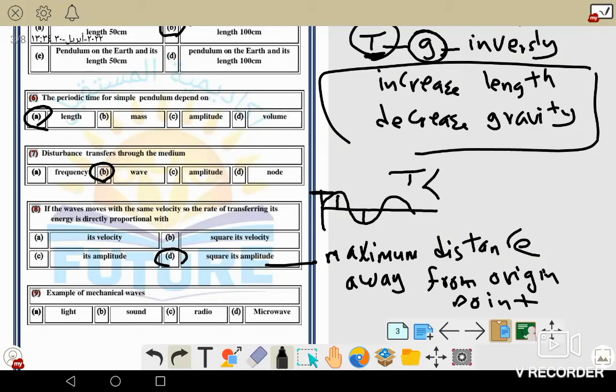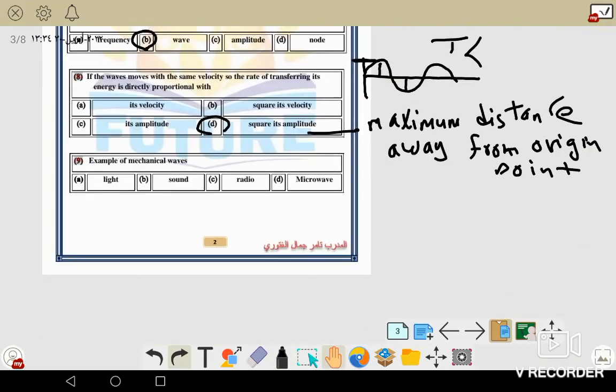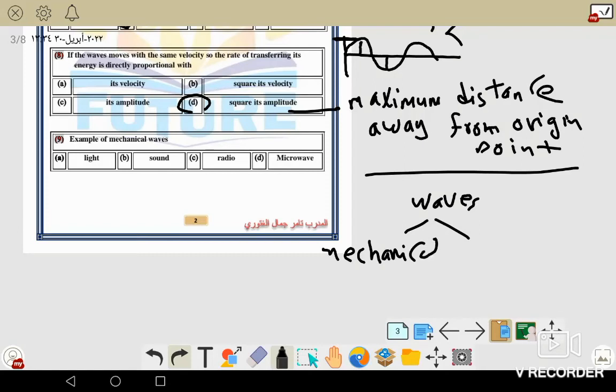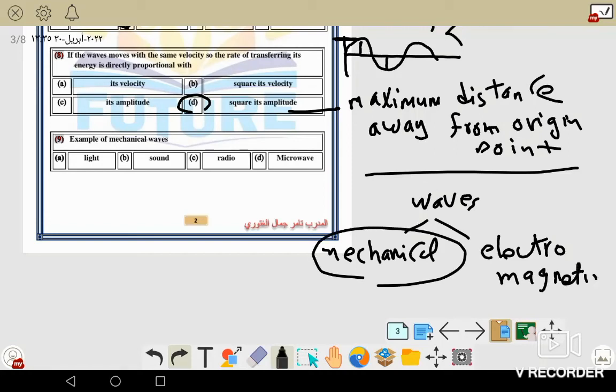Example of mechanical wave. Waves in general are two types: mechanical wave and electromagnetic. Mechanical wave needs a medium and doesn't spread in space. Electromagnetic doesn't need a medium and can spread in space.